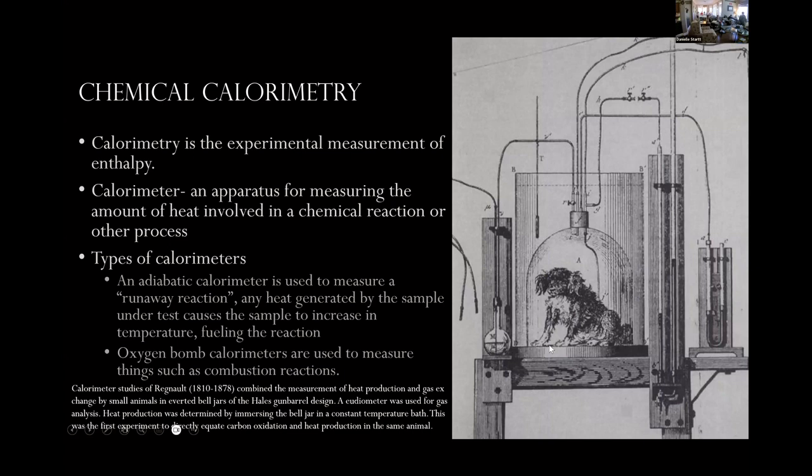Heat production was determined by immersing the bell jar in a constant temperature bath. And this was the first experiment to directly equate carbon oxidation and heat production in the same animal. You produce carbon dioxide when you exhale. You also are producing heat. That is coming from the same chemical reaction, which is what reaction?